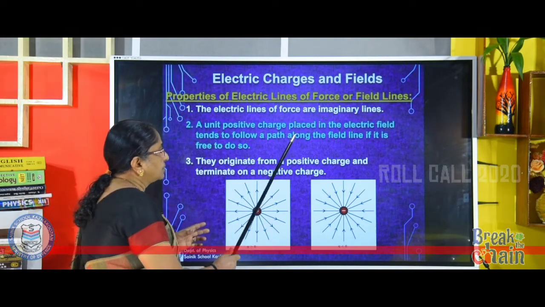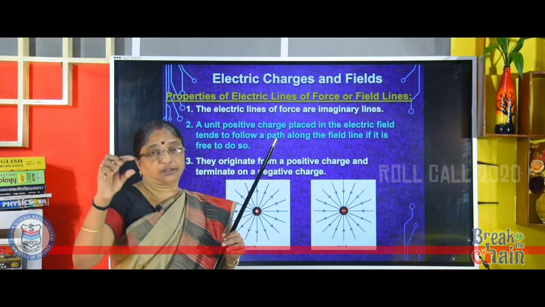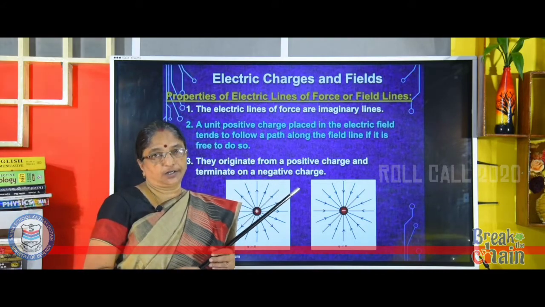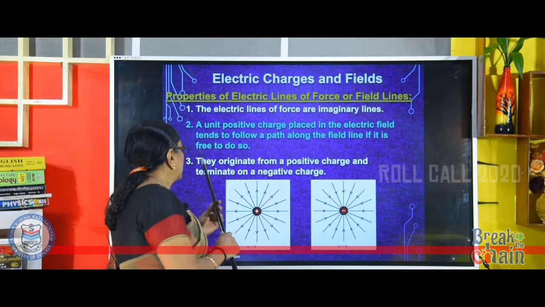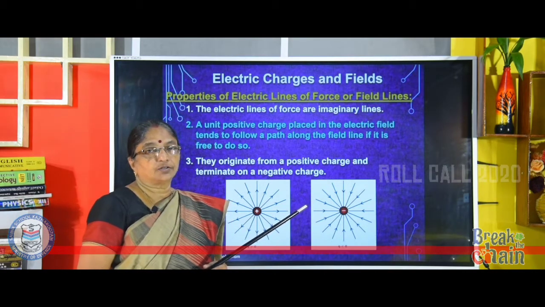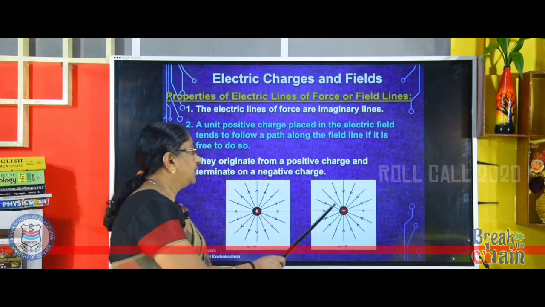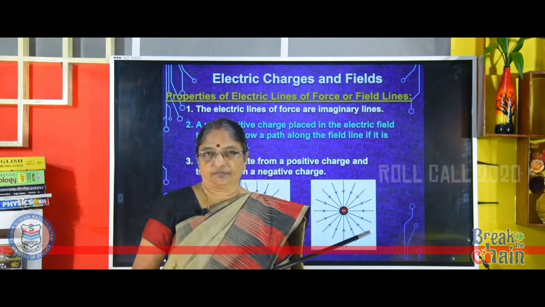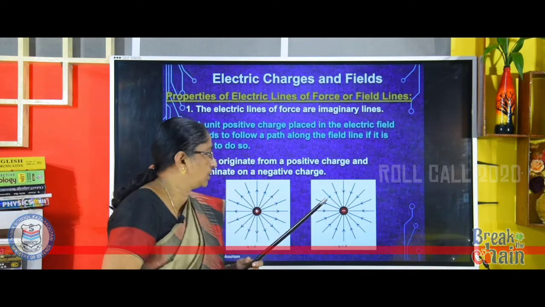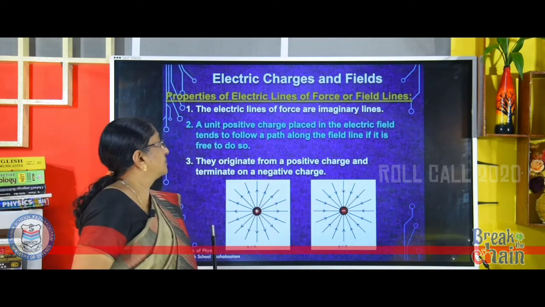A unit positive charge placed in the electric field follows a path, and those paths are called electric lines of force. See the third property: electric lines of force originate from a positive charge and terminate in a negative charge, originating from the positive charge all around and terminating at a negative charge.